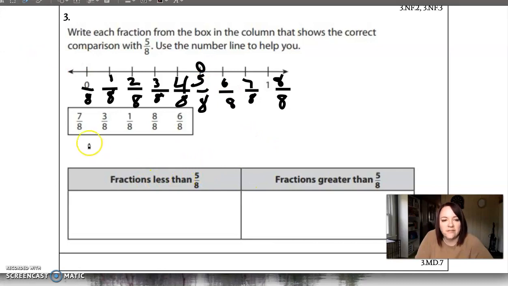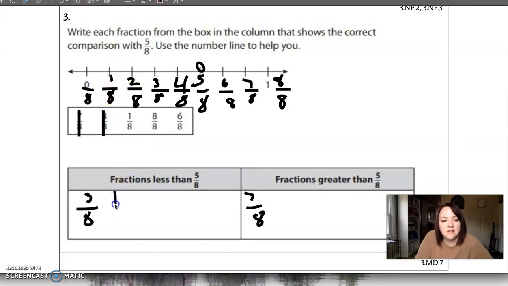Fractions that are less than 5 eighths. So let's look at 7 eighths. Is that less than or greater than 5 eighths? It is greater than. So we're going to put 7 eighths here. Okay, 7 eighths is gone. 3 eighths is less than 5 eighths. So we're writing 3 eighths here. Three eighths is gone. Now 1 eighth.